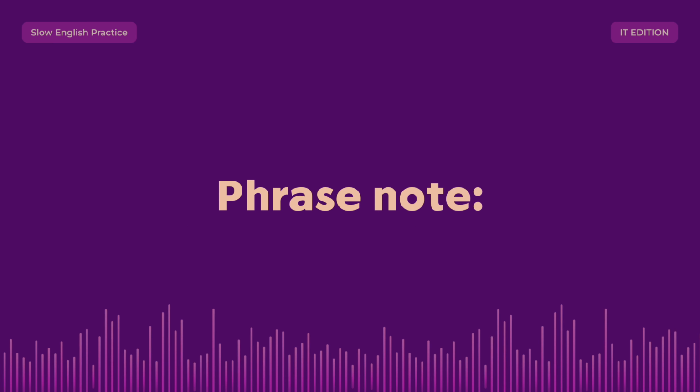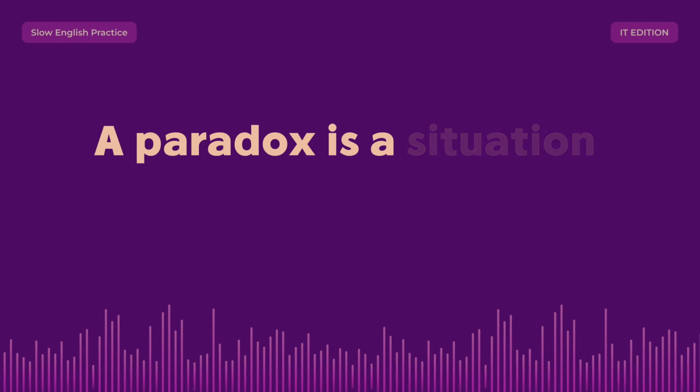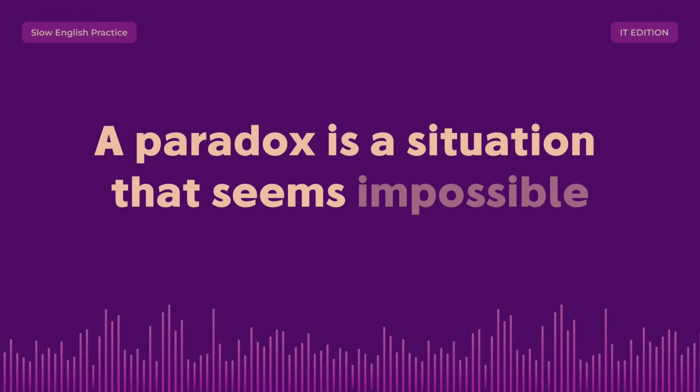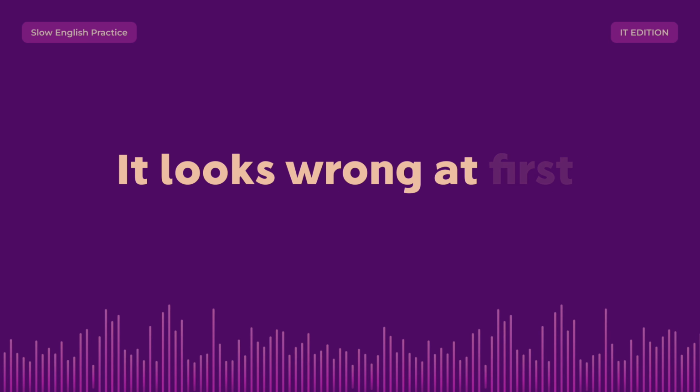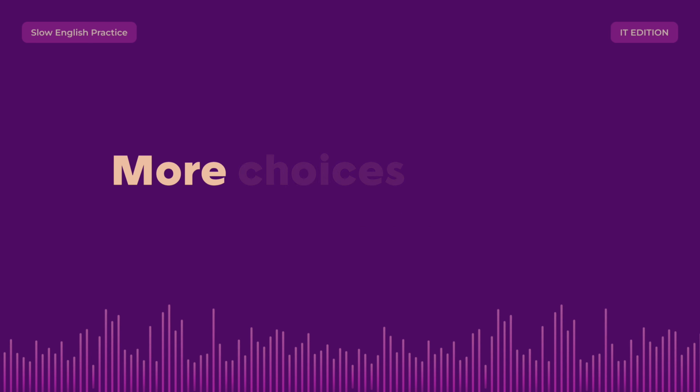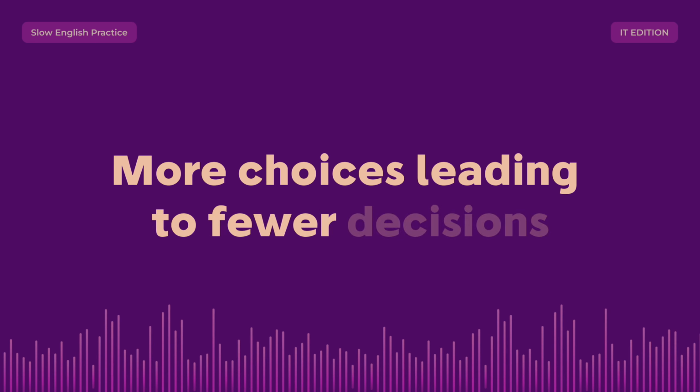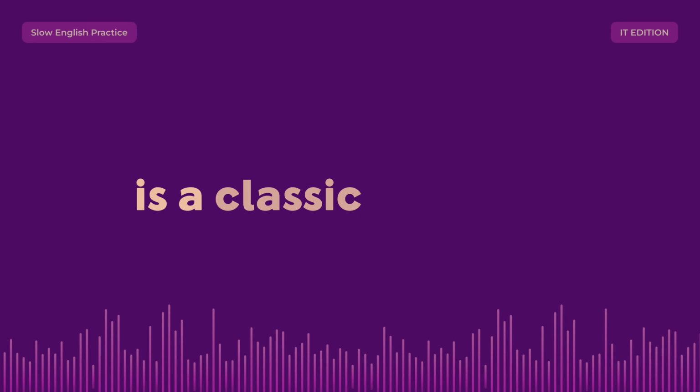Phrase note: paradox. A paradox is a situation that seems impossible or contradictory. It looks wrong at first, but it is true. More choices leading to fewer decisions is a classic paradox.